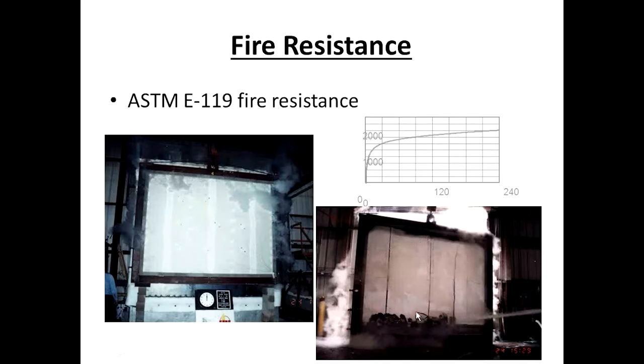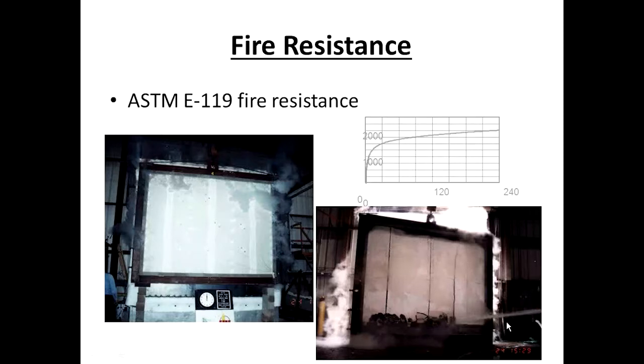The hose stream part. If we've gone for a 2-hour fire resistive rating, we rebuild the wall exactly as before and fire test it for half the time, or 1 hour. And immediately afterwards, we pull it away from the furnace and we hit it with, you can see it here, a hose stream.